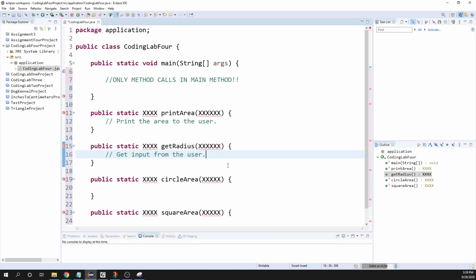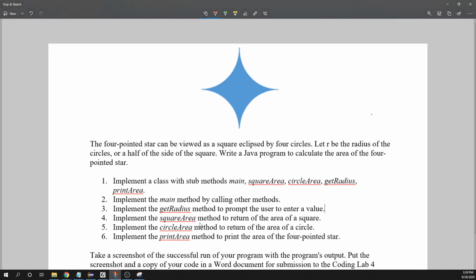And then these two are extremely simple. This one just calculates and returns the area of a circle. If you look at what it says here on number 4, it says method to return the area of a circle, and that is it.